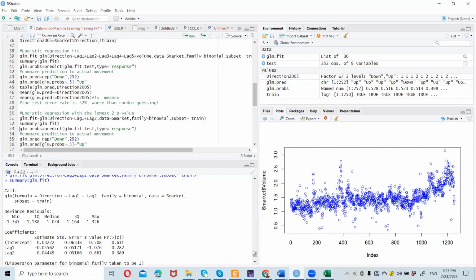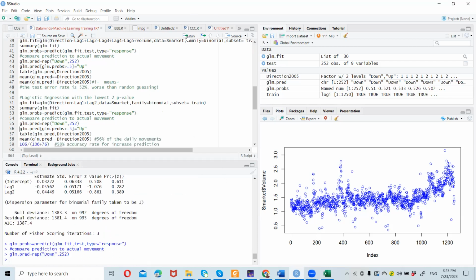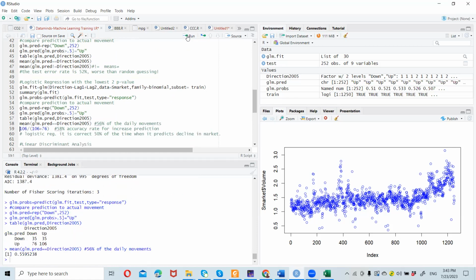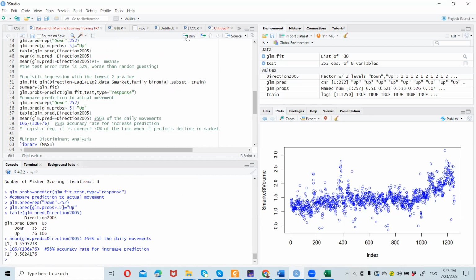Kindly run the following ones so that we can move on, because we have done all this before. It's just a replica of what has been done. So what's our error rate now? You can see it's very high now. It's 56, the error rate of daily movement.